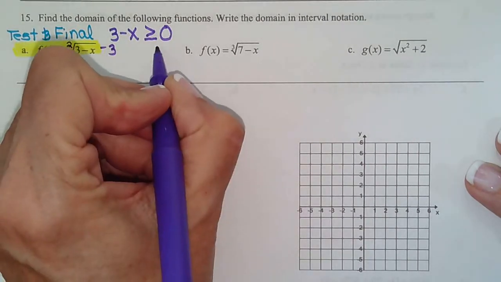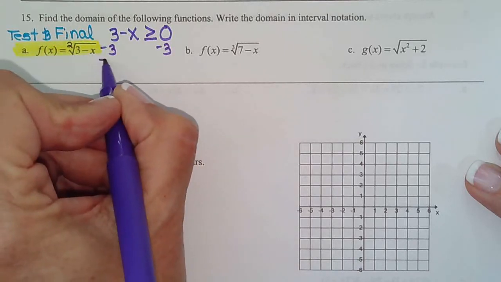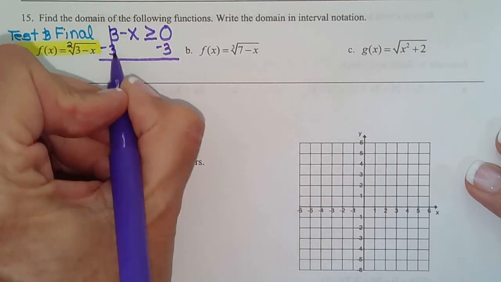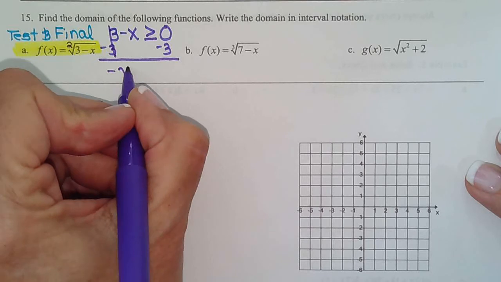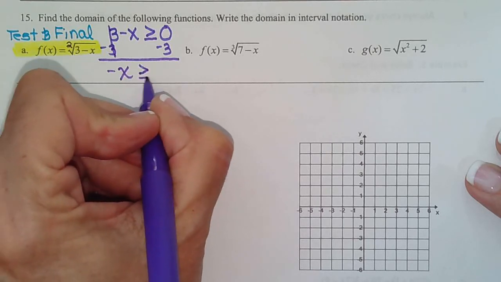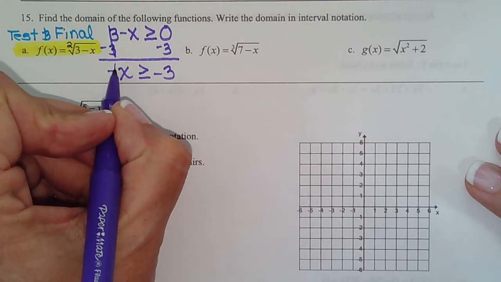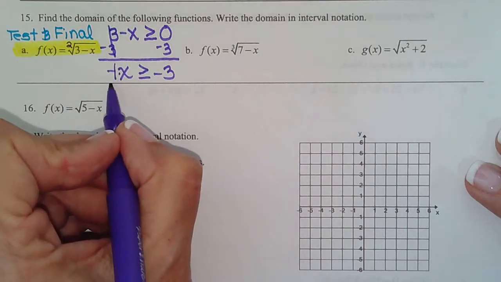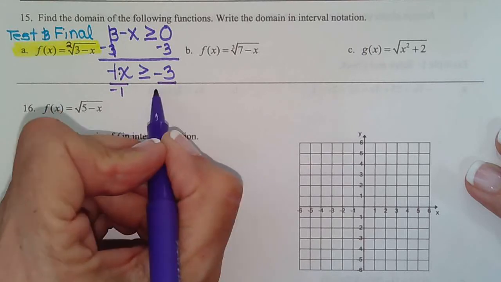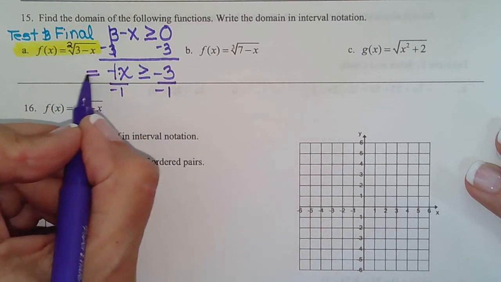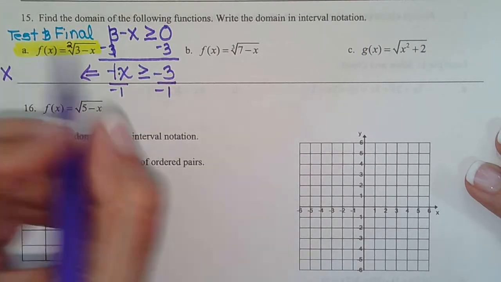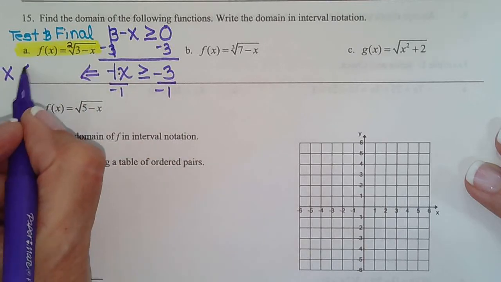Subtract 3, subtract 3. Now you're going to have to dig some cobwebs out. What did we learn when the negative was in front of the x's with inequalities? Flip the symbol. Remember that? Because I'm going to have to divide by negative on the next step. So that turns into x is less than or equal to.